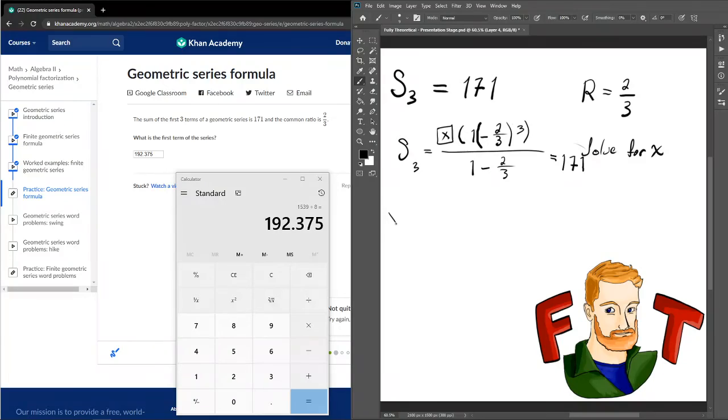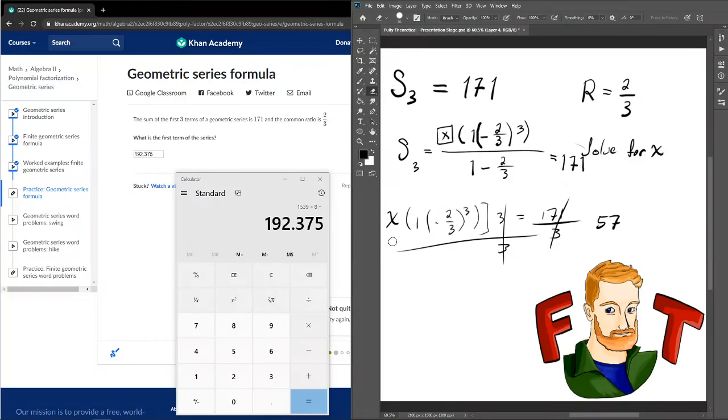So that gives us x times 1 times negative 2/3 cubed, times 3 divided by 3. The 3 cancels. This becomes 57. See, I remember now.